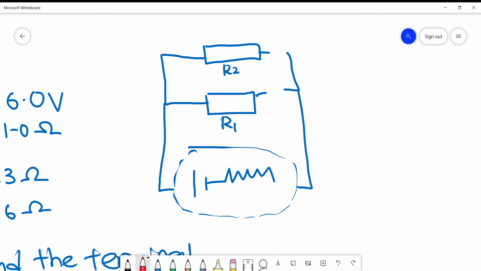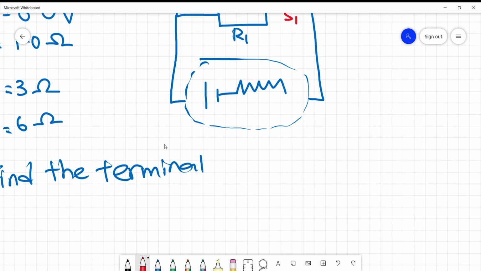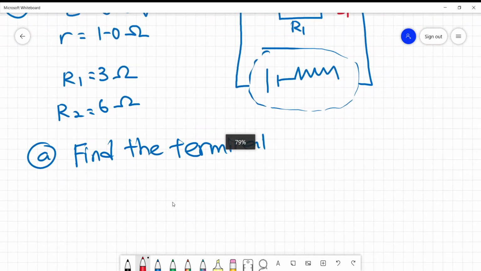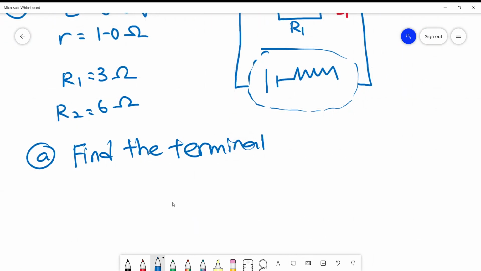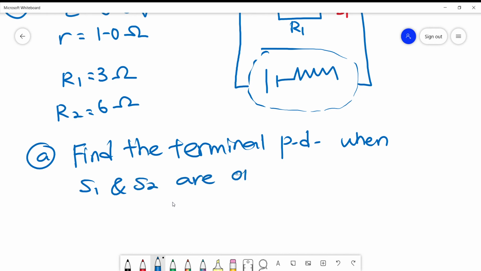This switch is S1 and this is S2. Alright, so for question A, find the terminal potential difference when S1 and S2 are open.